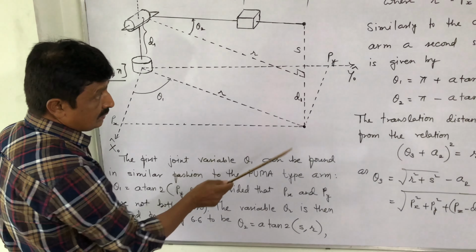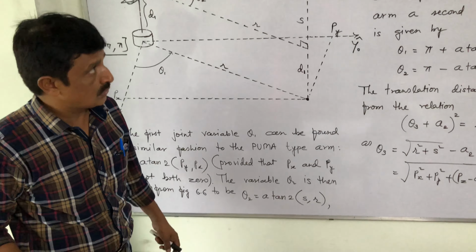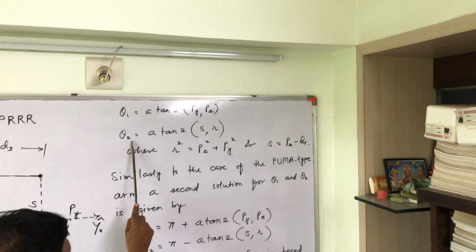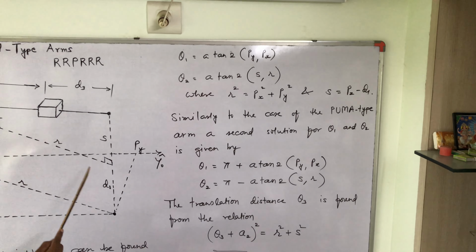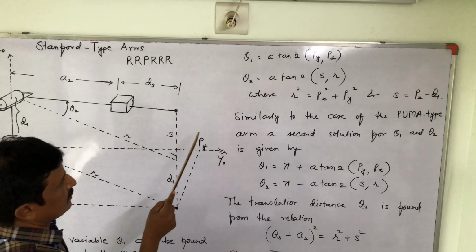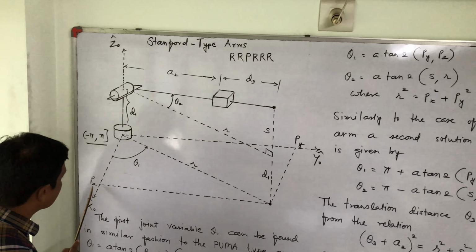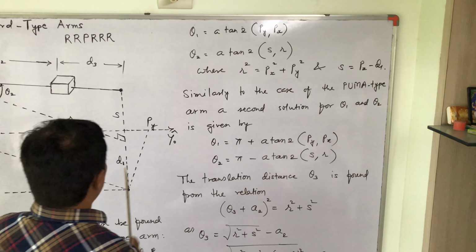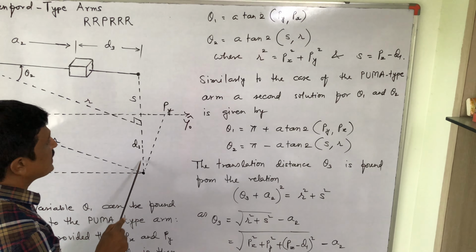This one is 90. Observe this figure as a 3D figure. I have shown it here. So θ1 is arc tan 2 of py, px, θ2 is arc tan 2 of s by r, and by the Pythagoras theorem, r square plus s square. Here r square is px square plus py square, and s is pz minus d1.